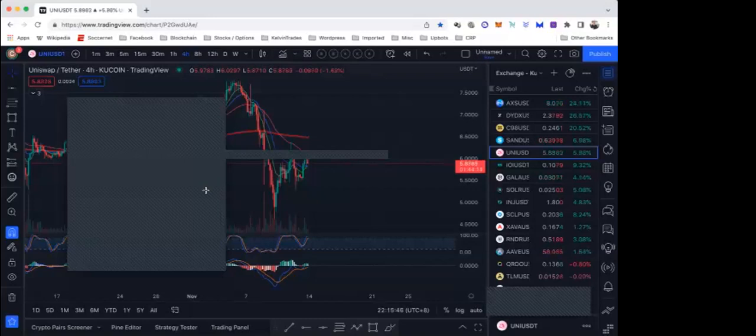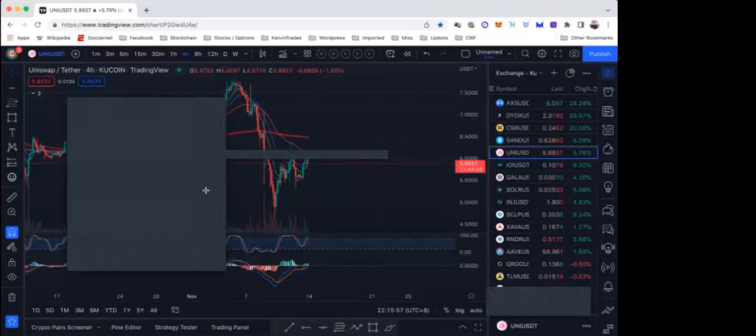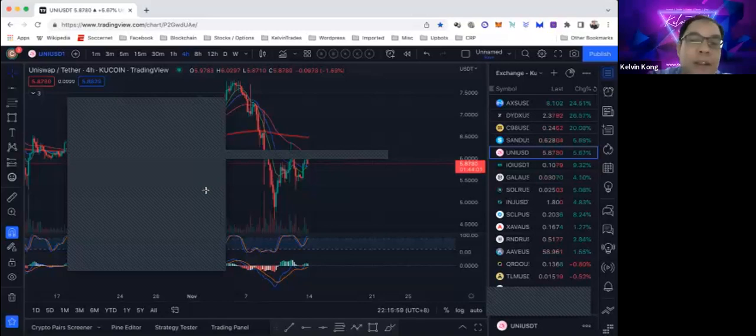If you're in a loss, but your stop loss is not hit yet, then don't do anything. You get what I'm saying? So all you need is just 30 minutes in the morning when you wake up, look at the chart, see whether you should make any adjustment to your trade or not.